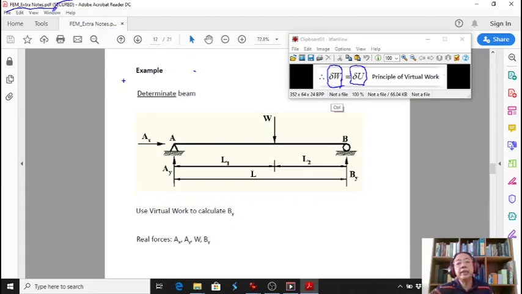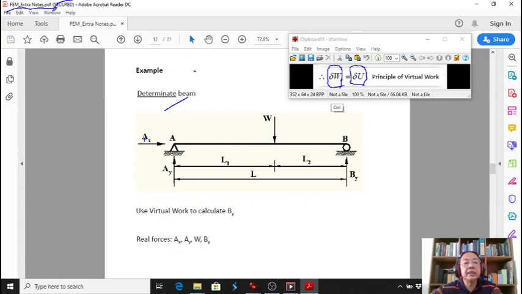Now we consider an example. The example is a determinate beam, just a simple example. We consider a simply supported beam. At A we have a pin support, and at B we have a roller support.